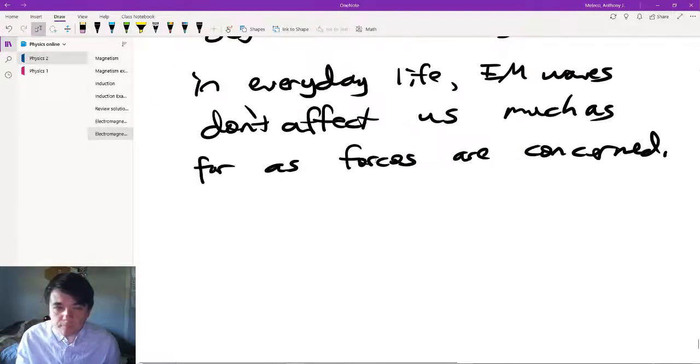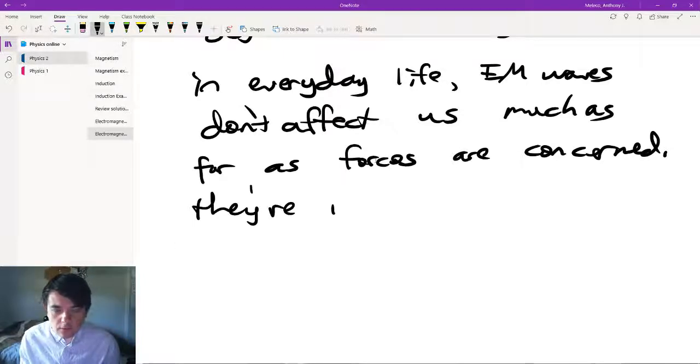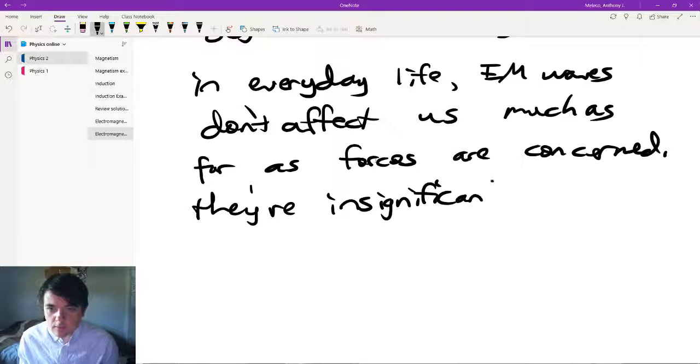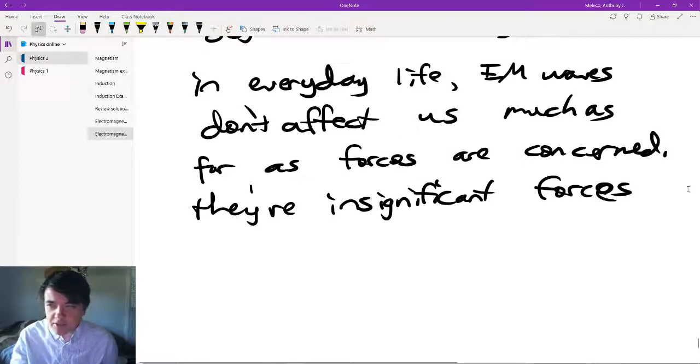They're insignificant, okay? They're very, very small. The amount of force that it can exert on you is really, really small, even compared to something like gravity, which is already pretty small. It only has any effect on us at all because the Earth is massive.